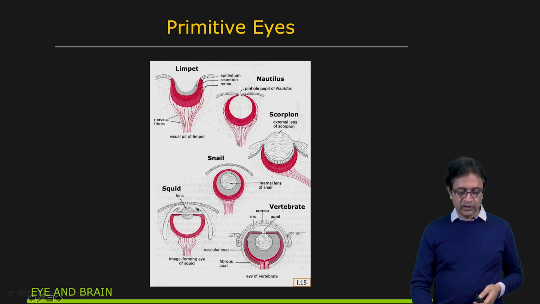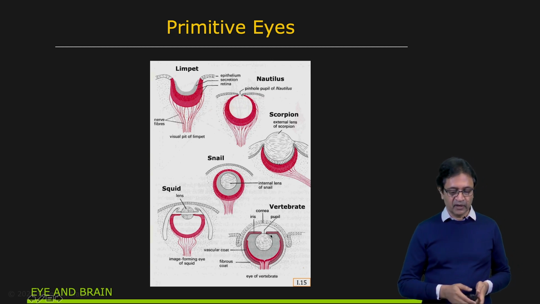The eye of the squid, which looks like a fully formed eye with an external layer right here. And then finally the eye of a vertebrate, which is a little bit more sophisticated. It has a cornea, which acts as a protective layer, but also partially as a lens. Has an internal lens, which often can change shape. There's a pupil, there's an iris, and so on.